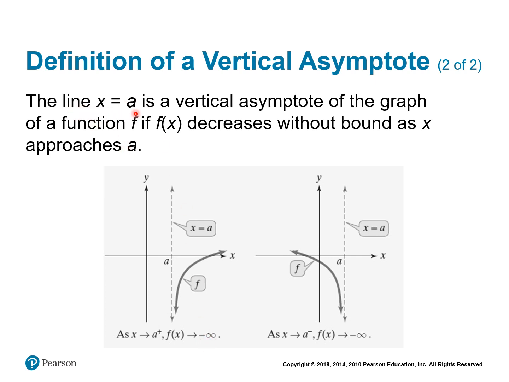It says the line x equals a, the same vertical line crossing the x-axis at a, is a vertical asymptote of the graph of a function f if f of x decreases without bound as x approaches a. So we have the same vertical line, but this graph, instead of rising as in the previous slide, is falling towards the negative side unbounded, along the vertical asymptote.